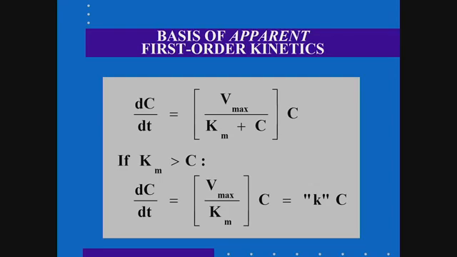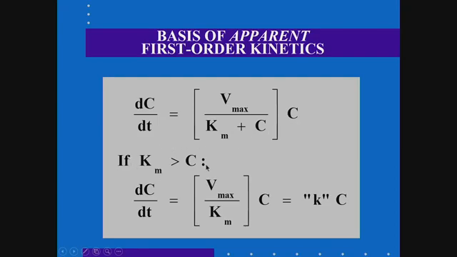So we have apparent first-order kinetics of elimination, and what we can see here is that in situations where the Km, the Michaelis-Menten constant for that particular drug and that enzyme, is much greater than the plasma concentrations that we will need or observe in a therapeutic context in the clinic.